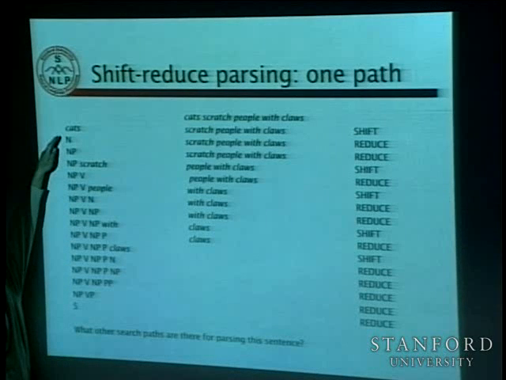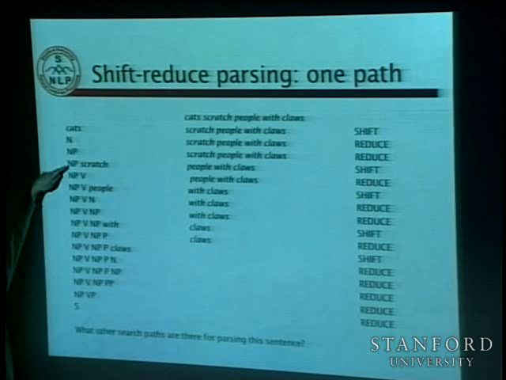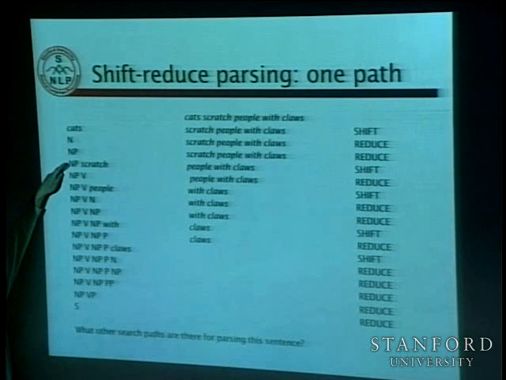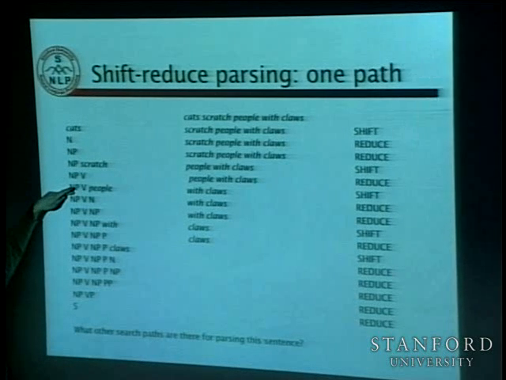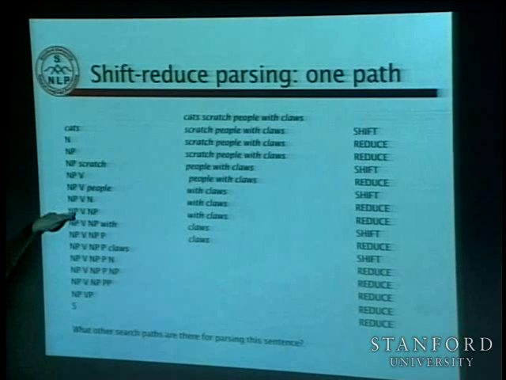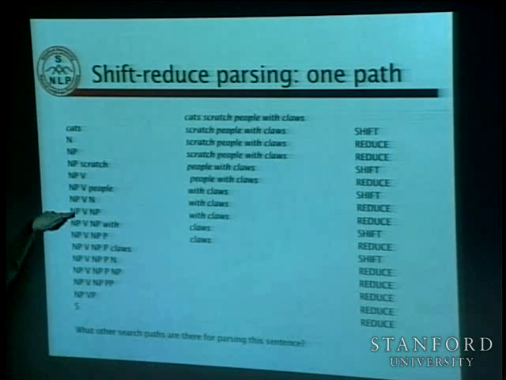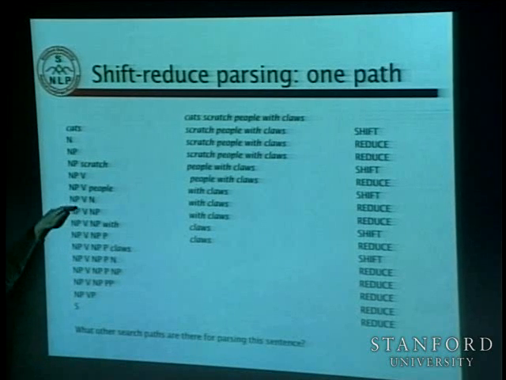At first I can just shift it on, have cats, then I can reduce it as a noun, I can reduce it again as a noun phrase, I can then shift on the word scratch, I can reduce it as a verb, I can then shift on the next word, people, I can reduce that as a noun, and I can reduce noun to noun phrase, giving V NP here.